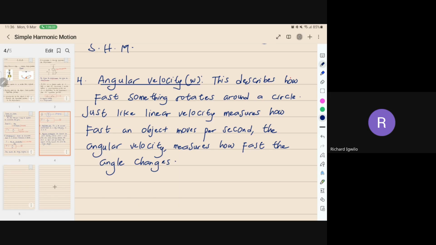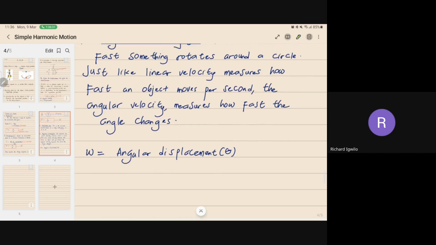So our angular velocity omega is equal to angular displacement, always represented as theta, divided by time.